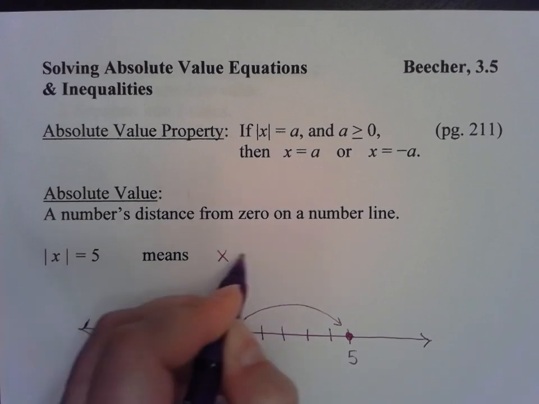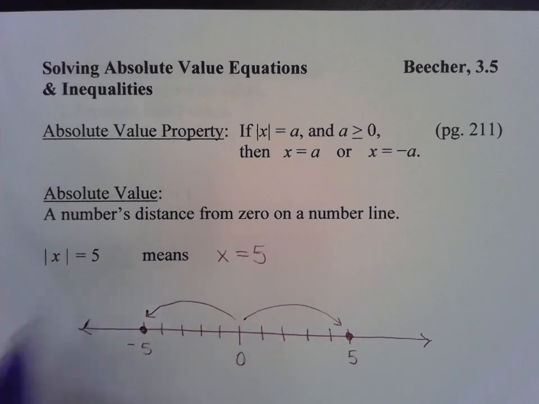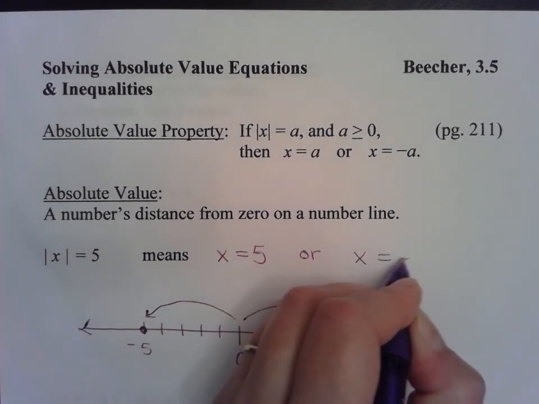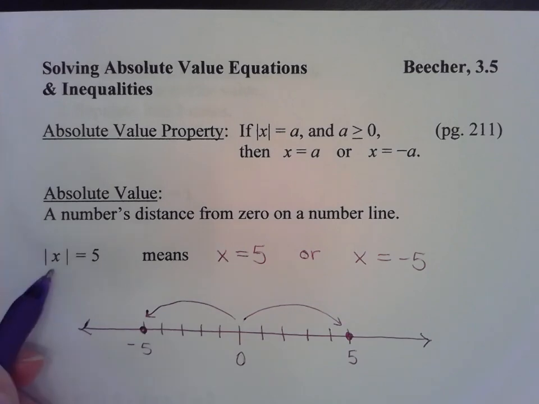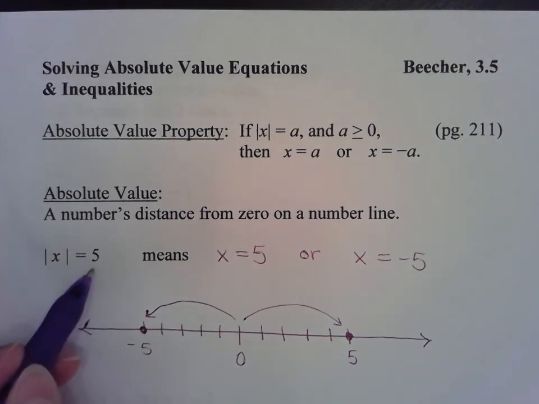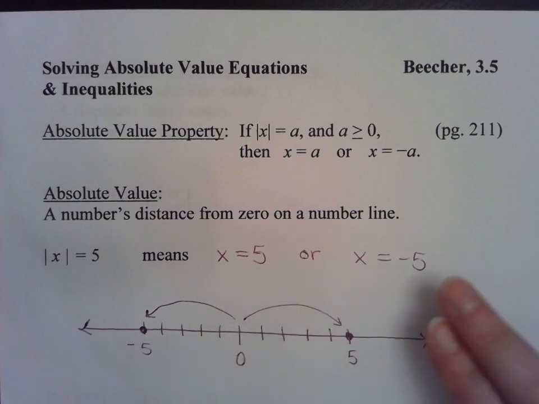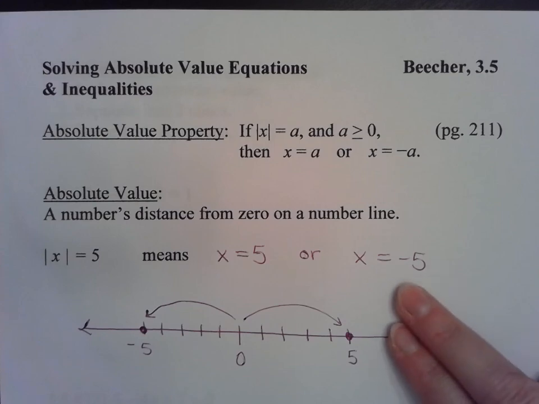One where I just take off the absolute value bars, so x could be 5. The absolute value of 5 is equal to 5, okay? Or x could be negative 5, because the absolute value of negative 5 is also 5. So I have two options. One where I just take the absolute value bars off. One where I take the absolute value bars off and I change the sign of the number on the right-hand side.